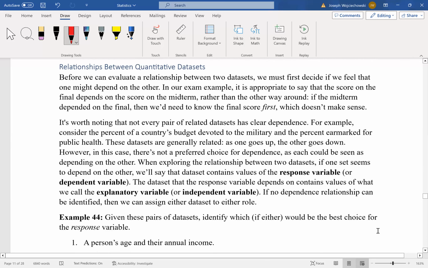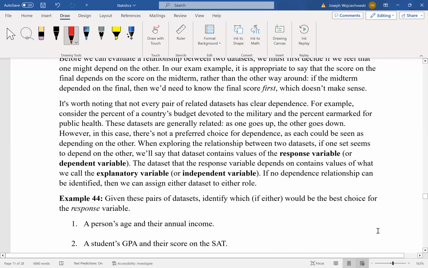So it's worth noting that not every pair of related data sets has clear dependence. For example, consider the percentage of the country's budget devoted to military and the percent earmarked for public health. These data sets are generally related: as one goes up, the other goes down. However, in this case, there's not a preferred choice for dependence, as each could be seen as depending on the other.